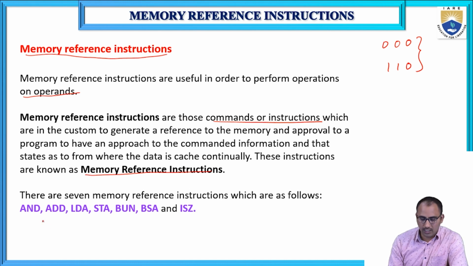They are the AND operation, add operation, load accumulator, store accumulator, branch unconditionally, branch and save a return address, and increment and skip if 0. So these are the different memory reference instructions, and using them we can perform all these operations.